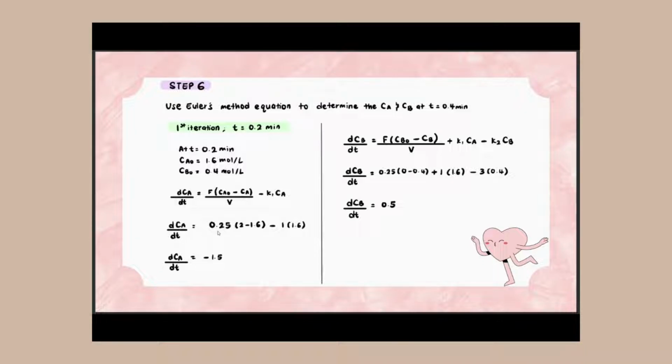We insert all of the values that we have and then calculate it. We get the value of dCa over dt equal to -1.5. For dCb over dt, we will still use Cb naught equal to 0.4, insert it inside the formula and then calculate. After that, we will get the value of dCb over dt equal to 0.5.